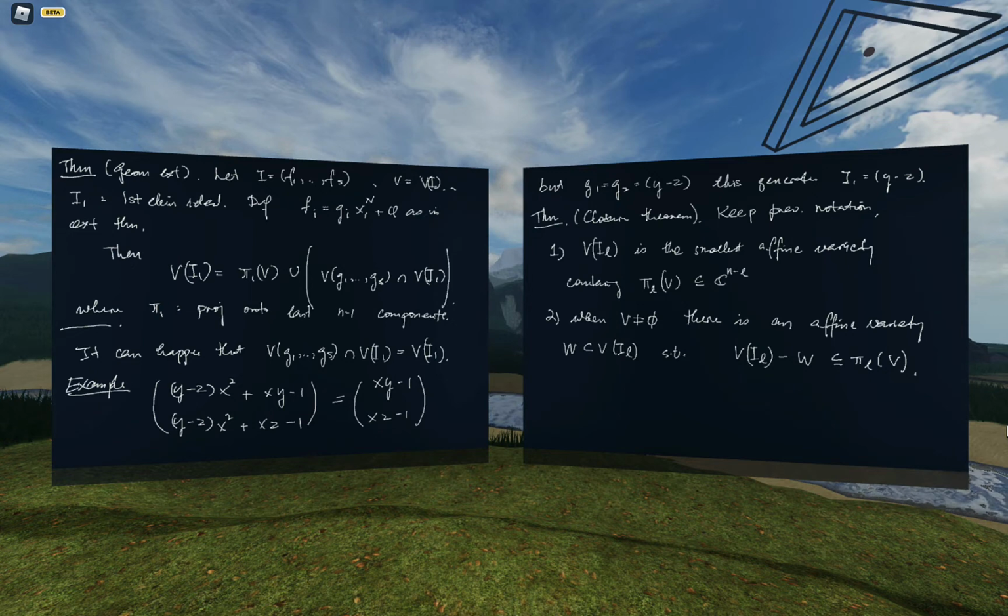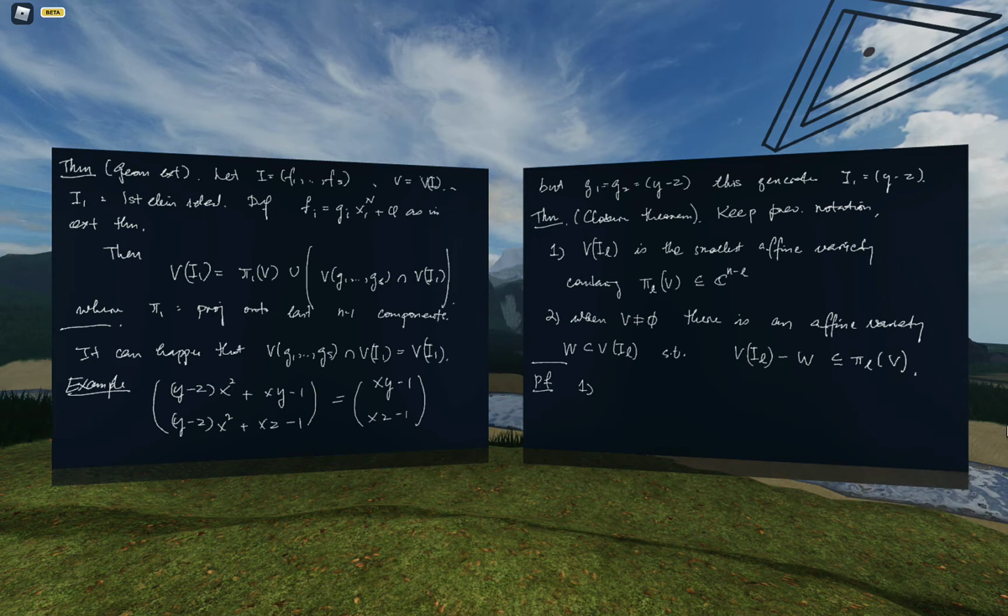So just to contrast what we said before, we said π_L(V) is inside V(I_L). Now we're saying if we take away an affine variety from V(I_L), then that's going to be inside π_L(V). So somehow we take a small piece away, and then we end up inside π_L(V). So these two varieties are kind of close to each other in some sense.